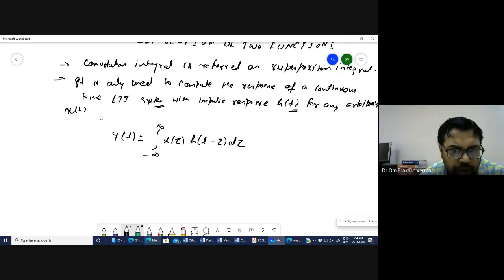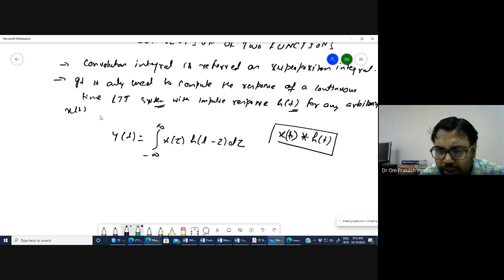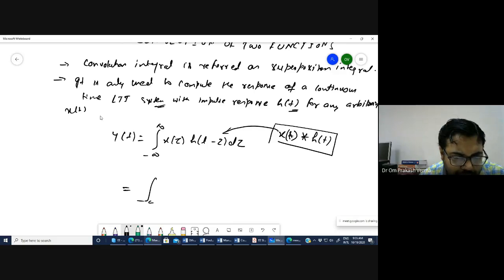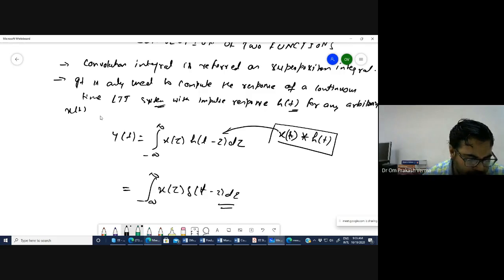So it is nothing but x(t) convolution with h(t). This is the mathematical definition. And if we go into the detail, if it is an impulse, it is nothing but the integral of delta(t minus tau) d tau.